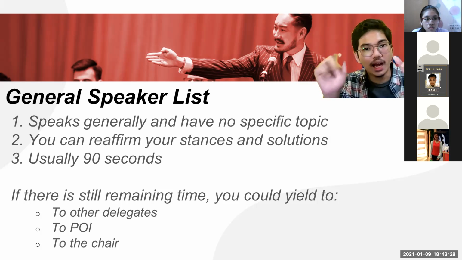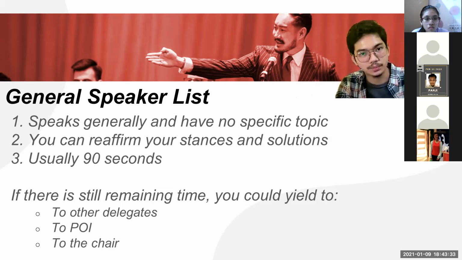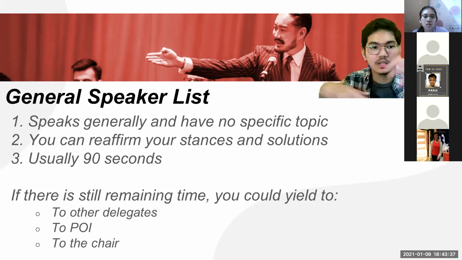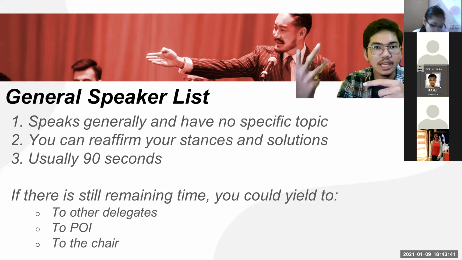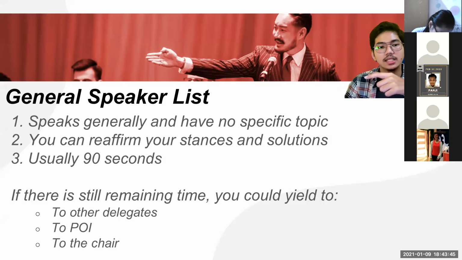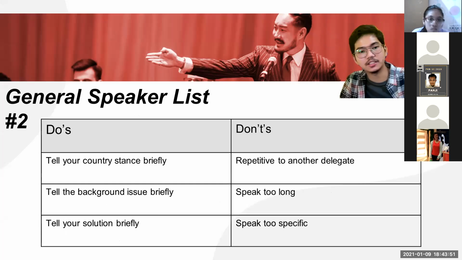You can do all of that as long as you do not talk about another specific topic. So for Cindy, that will be the answer. You can still speak generally, but make sure that it goes hand in hand with what is currently being debated. I hope it answers the question. Thank you, sir. Sure, thank you, Cindy.